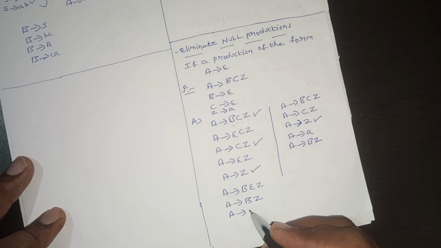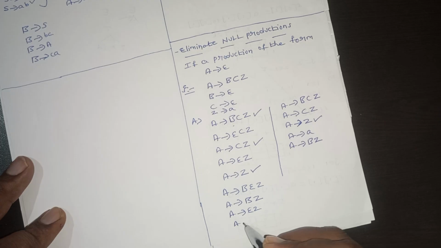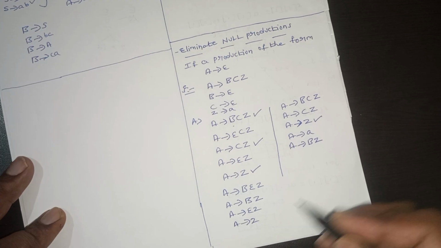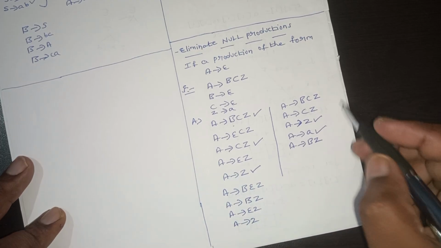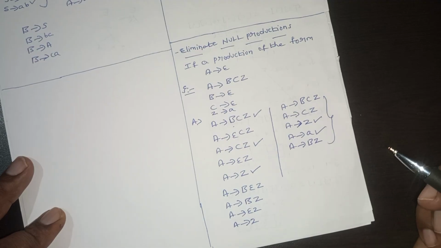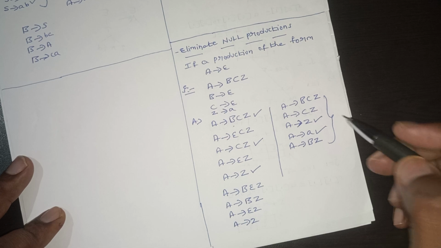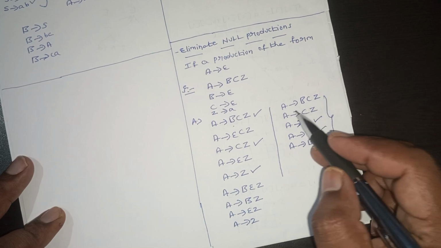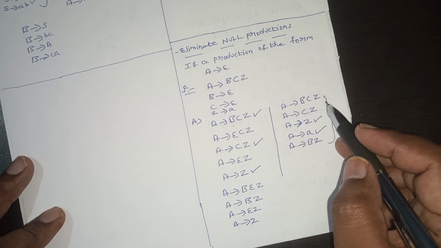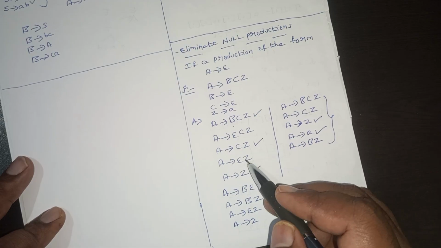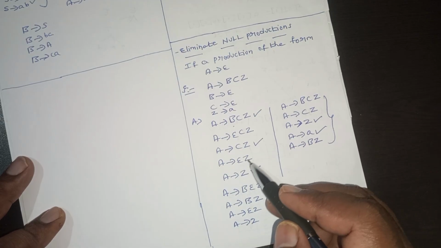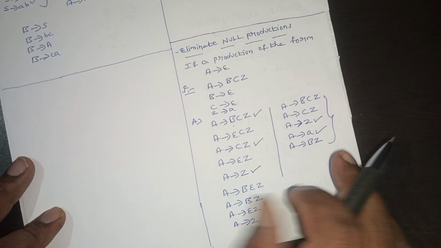Already we got that: A tends to epsilon Z, A tends to Z, so it is already there. So this is how to eliminate the null productions. Now you see here, in this grammar I don't have any null productions. You have to write all possibilities. We'll take one more example.